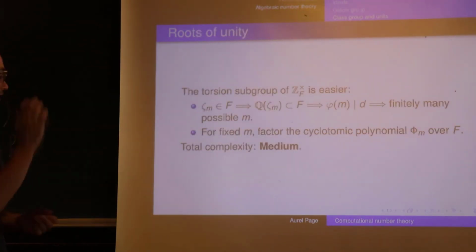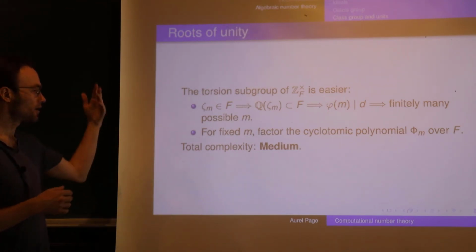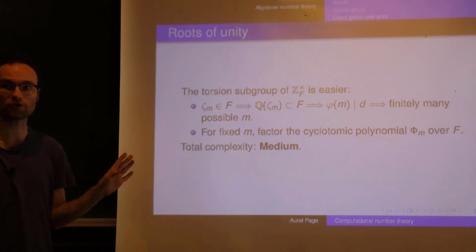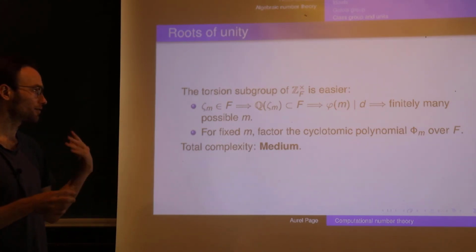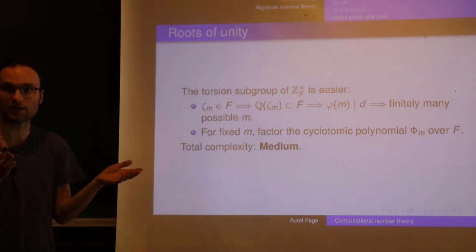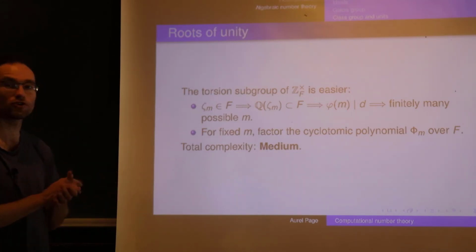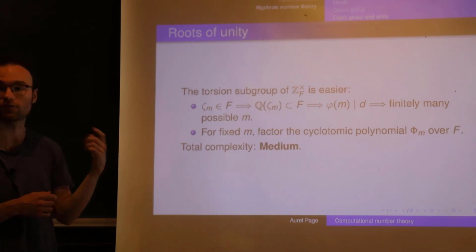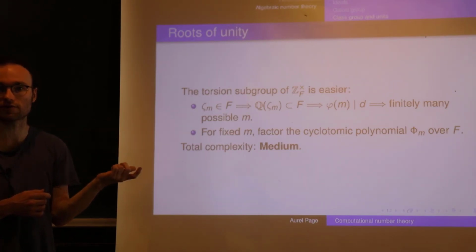Okay, so first I'll do one simple case, where you consider the unit group and you just want the structure. Well, Dirichlet's unit theorem tells you almost everything. The only thing that you don't know is the torsion part. You have to determine how many roots of unity there are in your field.